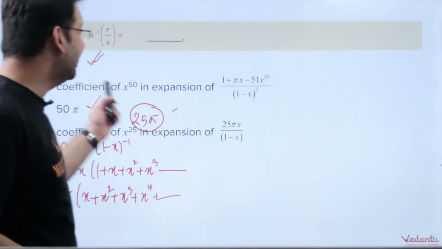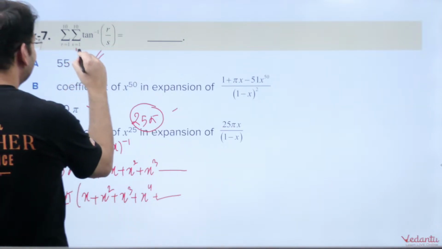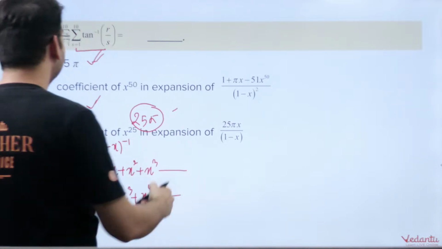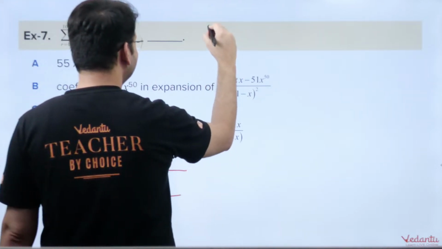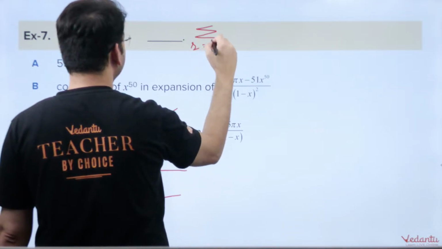Now let us do this. How do we expand this? We should start from the inner sigma. So s varies from 1 to 10, and we keep r as it is. So it is going to be sigma, r varies from 1 to 10.